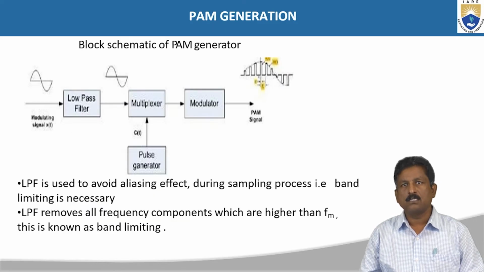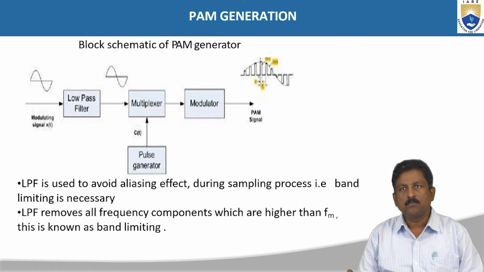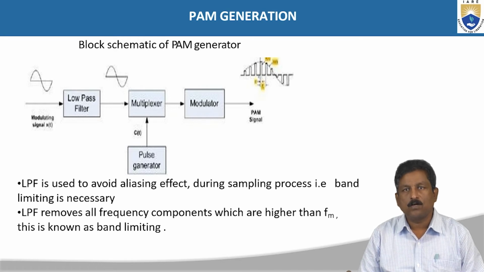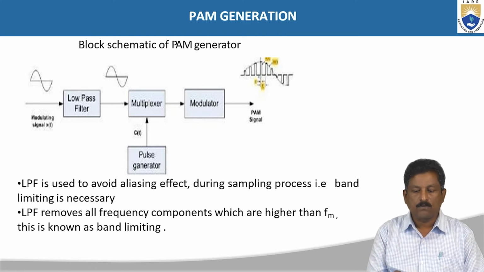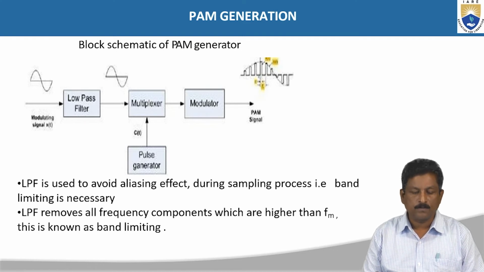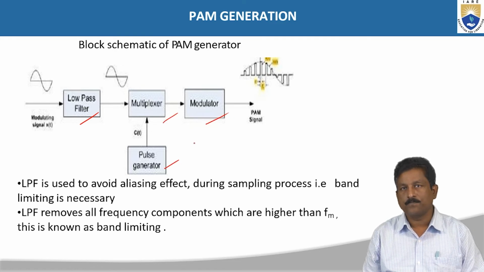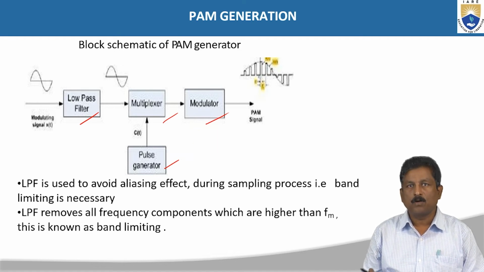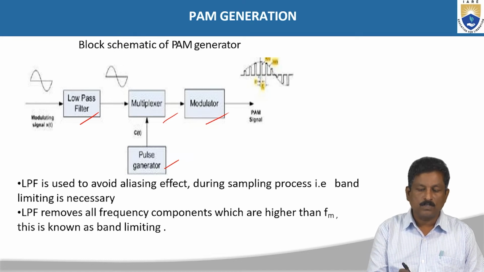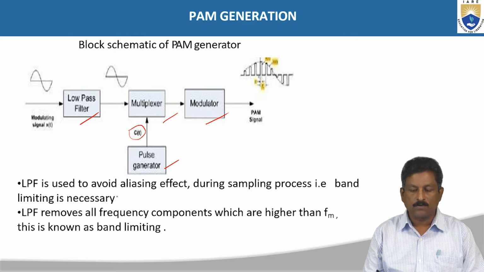Now we can see how we are going to generate the PAM, how we are going to modulate. Here you can see there are four basic blocks: the low pass filter, multiplexer, modulator, and the pulse generator. For any modulation, there is a requirement of the modulating signal, which is an information signal, and another one is the carrier signal, indicated by the symbol c(t).